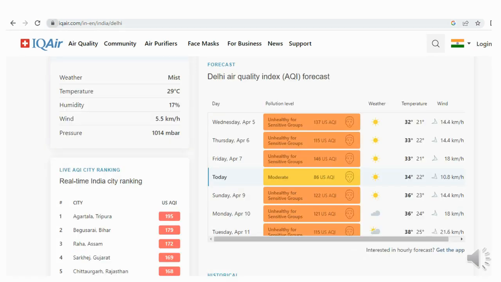If you scroll further down, this is an AI-driven website, iqair.com. Based on the trend, it shows the previous and the upcoming values. Today the score is 86. Yesterday the score was 146, and tomorrow it is predicted as 122, 121 for the day after, and 115.